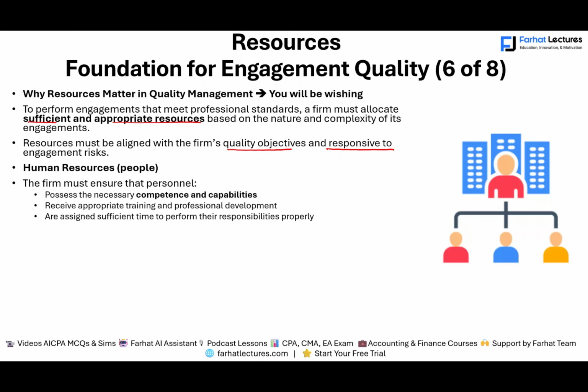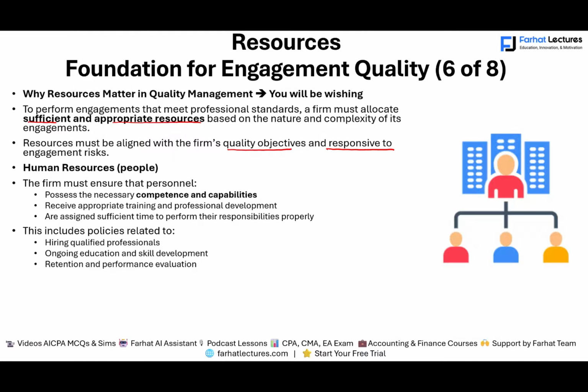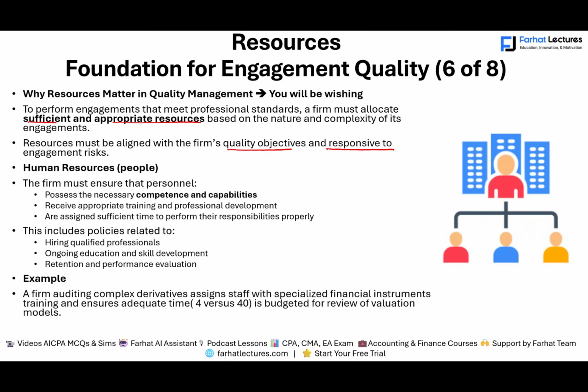You hired the best mathematician, but you gave them 15 minutes to finish the work. They're going to fail. They need 2 days. Well, if you gave them 15 minutes, you did not give them enough time, enough resources. So time pressure would erode quality in that situation. So this includes policies related to hiring qualified professionals, ongoing education, professional development, retention, and performance. And if you have any specialized issues, give the people enough time to resolve it.